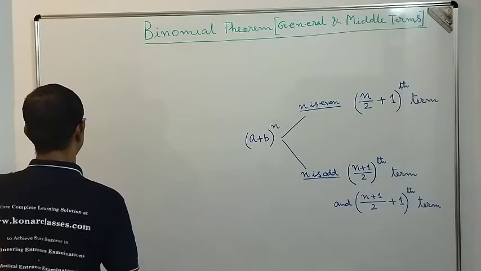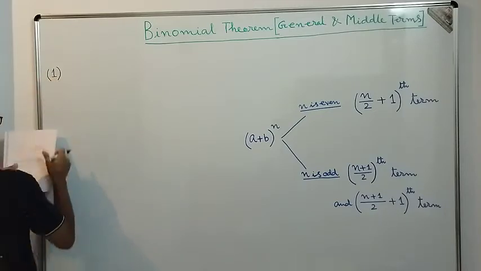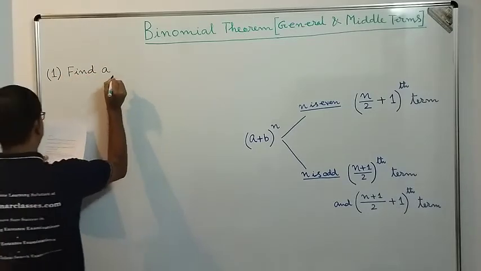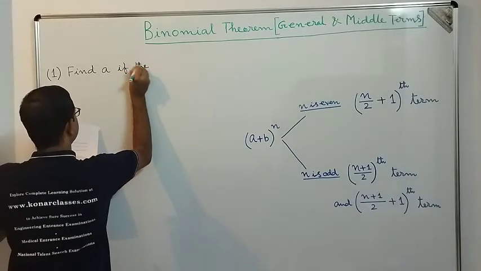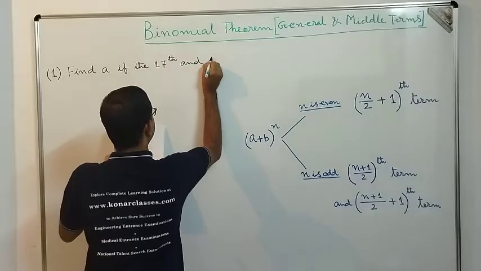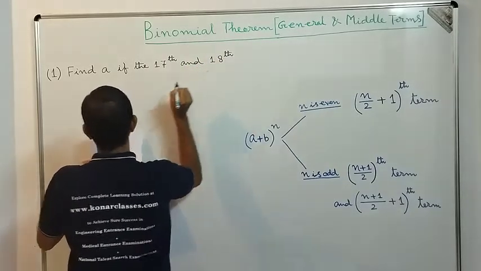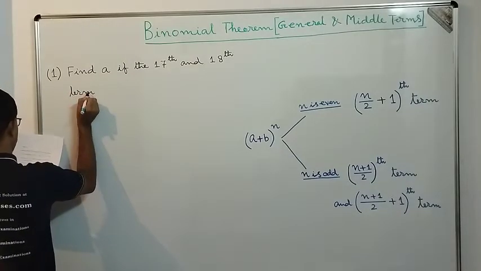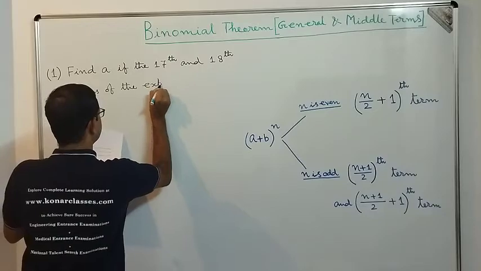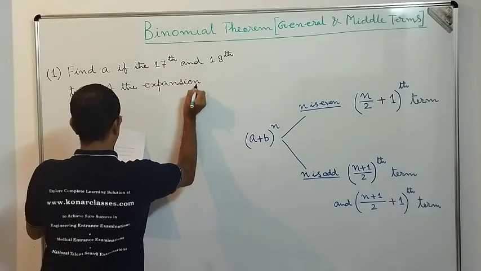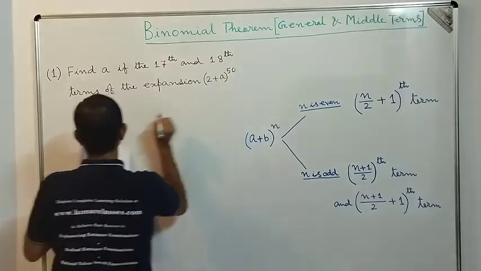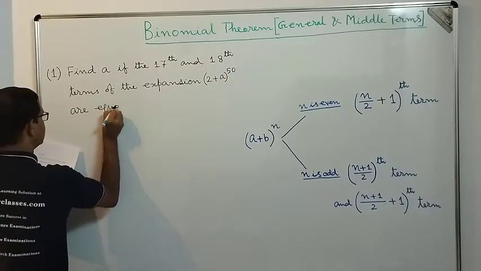The first question here. The question is, find a if the 17th and 18th terms of the expansion of (2 + a)^50 are equal.